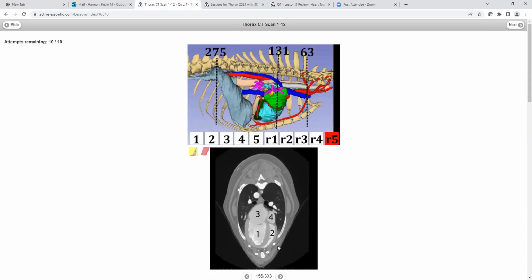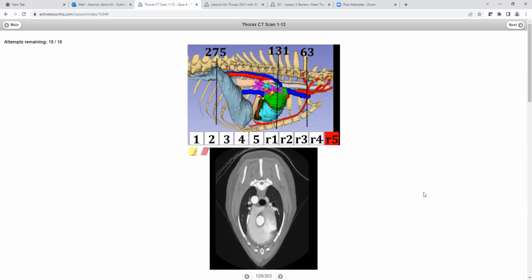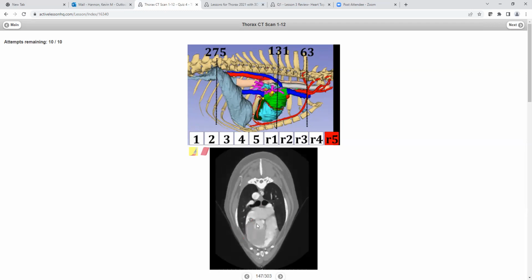And then the other key that's critically important is once you identify these things, make sure they move. Make sure you move and go back and forth. So let's take number 7 here, for example. Number 7 is this huge thing right in the middle of the heart, all right? And you see it, and I follow it, I'm moving through the CT scan, and where does it empty into? It empties into number 1.